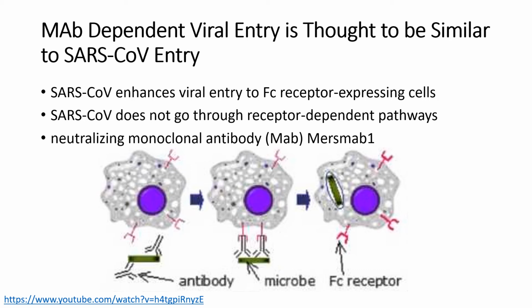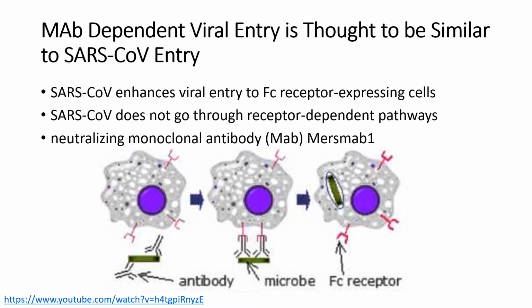Okay. And then for this slide, sera induced by SARS-CoV actually enhance viral entry into Fc receptor-expressing cells. And SARS-CoV doesn't go through the same receptor-dependent pathways to enter the cells, but instead enters through viral receptor-dependent pathways that are also used by the neutralizing monoclonal antibodies.